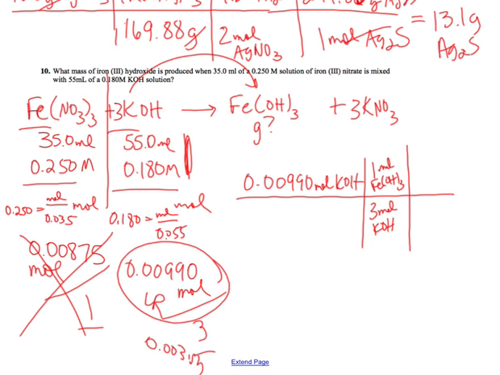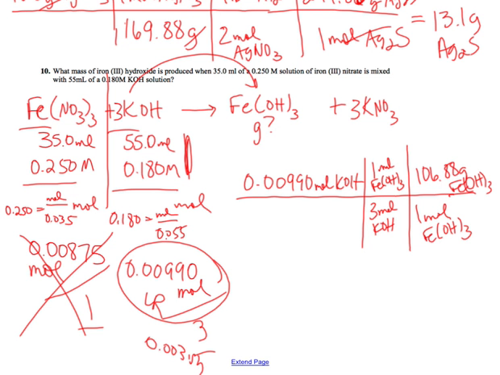And then to get to grams, for every 1 mole of FeOH3, I have 106.88 grams of Fe. Can I get a second on that molar mass? I got 106.88. Okay, cool.